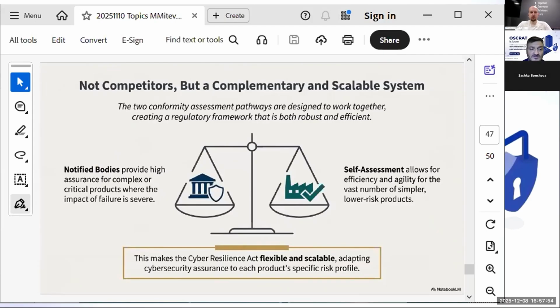Self-assessment supports efficiency and alignment for the large number of simple, low-risk products. The CRA is flexible and scalable because it adapts the level of assurance to the product's specific risk. This balance makes the system efficient while still protecting users and markets.